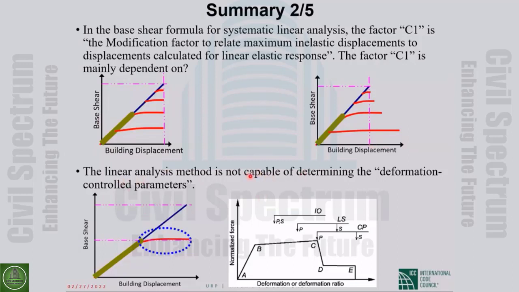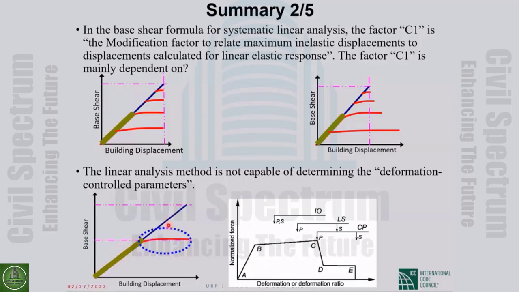Why is the linear analysis method not capable of determining the deformation control parameters? Because the deformation control parameters get damaged. They behave like this. The stiffness changes, they get damaged. But with linear analysis, the stiffness matrix is not changing, no damage.